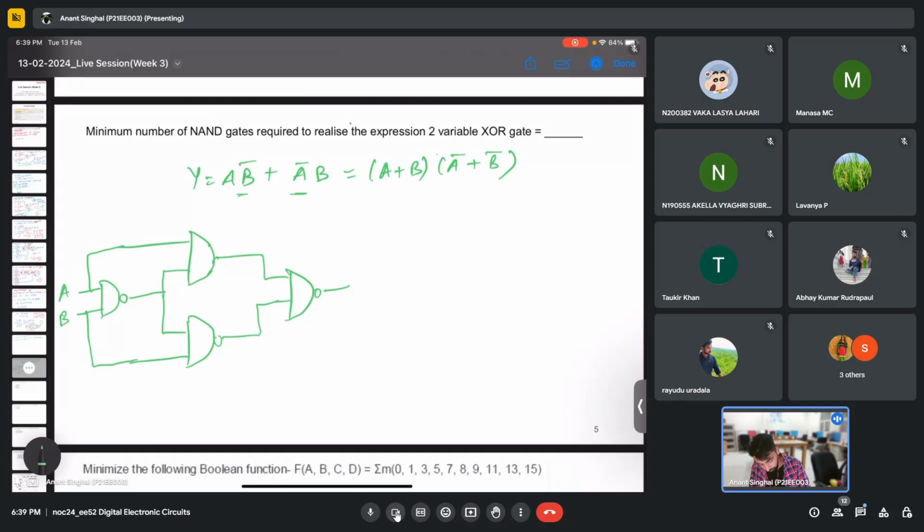So I made a circuit. I'm just evaluating the same now. This is A, this is B, and here the input is A complement plus B complement.